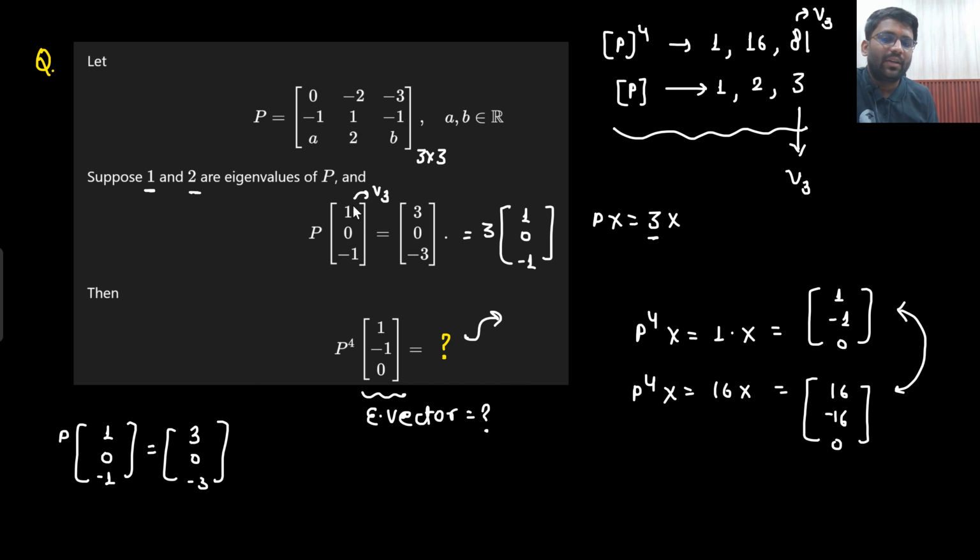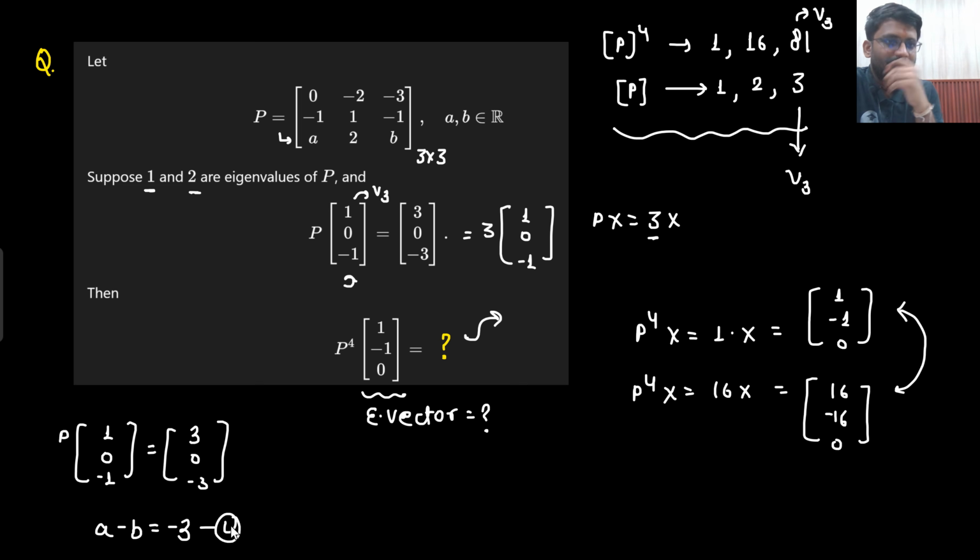Do the multiplication, P multiplied with 1, 0, -1. The last multiplication is this row being multiplied with this column. A multiplied with 1, 2 multiplied with 0 will be 0, B multiplied with -1 will be -B. So A - B is actually giving you the last result, which is -3. So A - B = -3. This is one of the equations we have got.